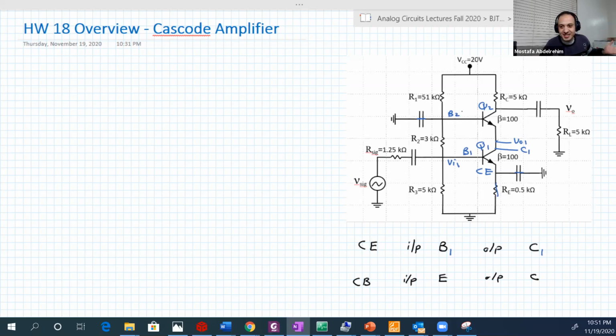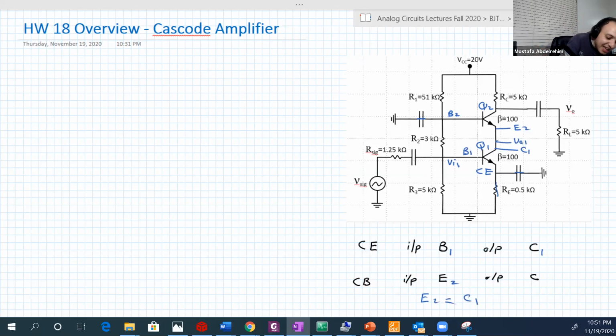So the only option now is that the input is at the emitter and the output at the collector, which is the common base. But let's see exactly where the input is. Here is emitter 2, and emitter 2 is actually the same as collector 1. They are the same point.